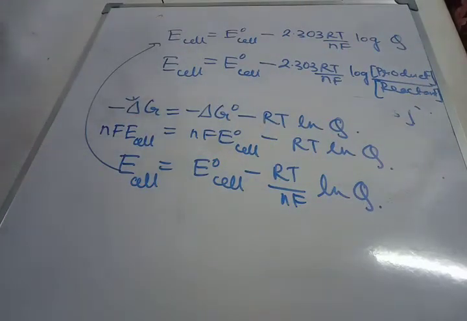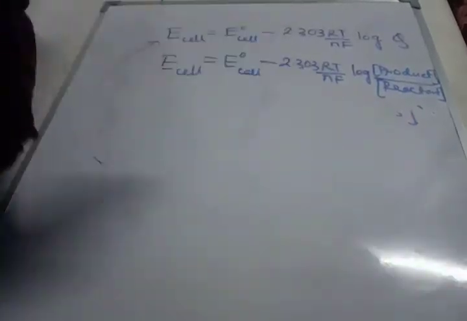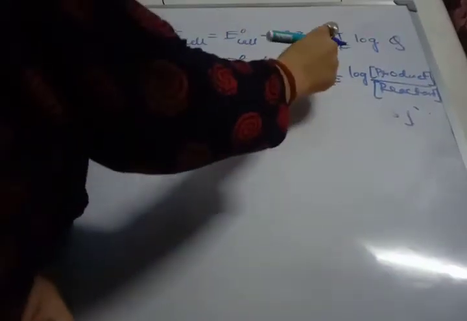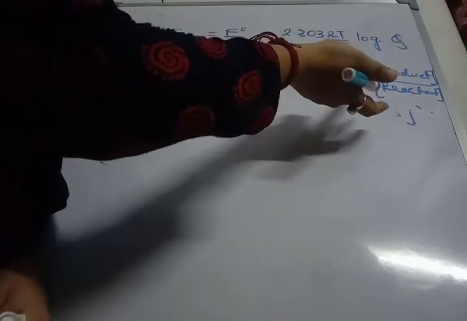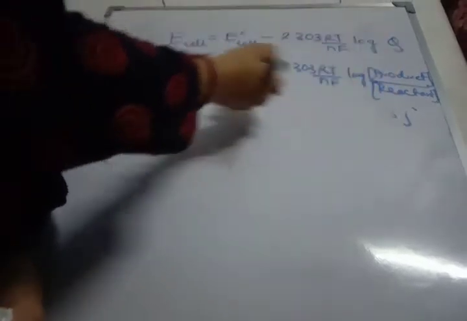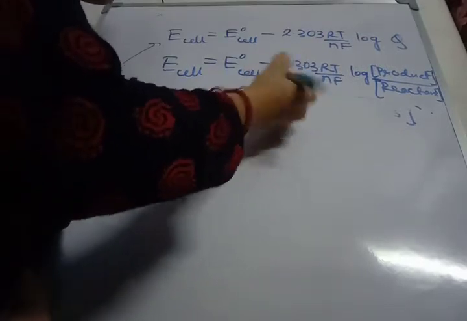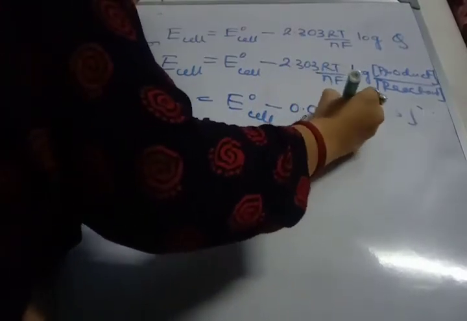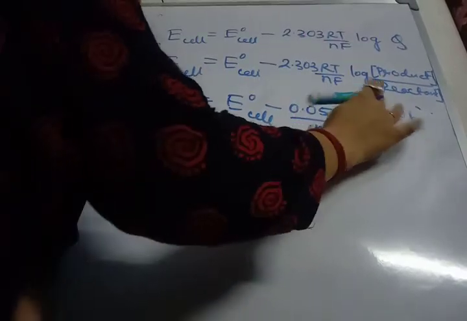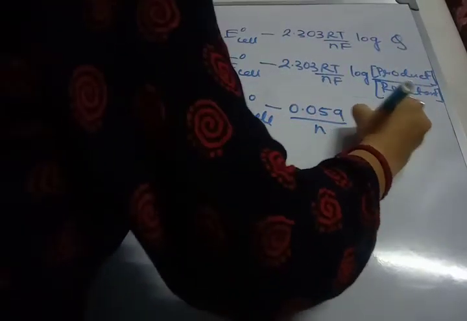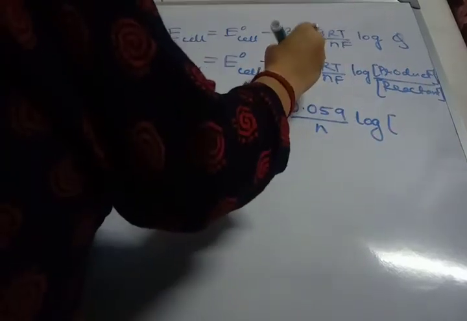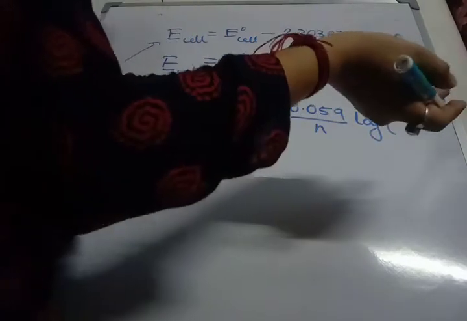Right? Now next, we know that the values of R and F are constants, and if I just try to calculate their values, I get a term which is equal to 0.059, meaning 2.303 into the value of R, which is 8.314.